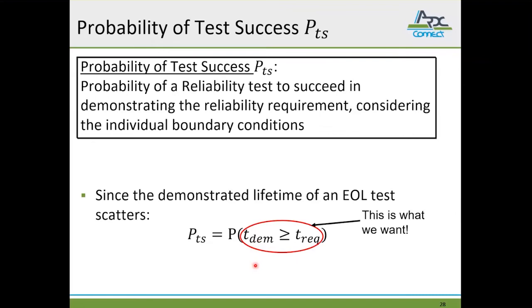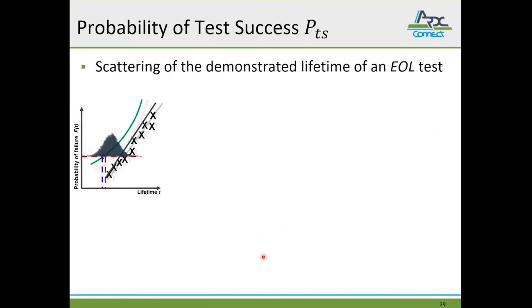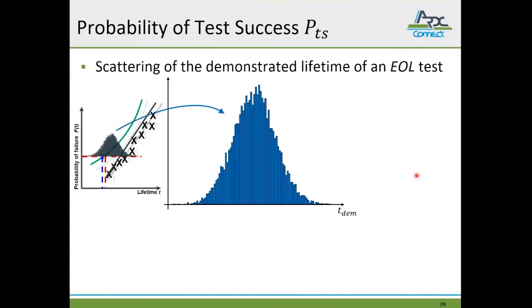So the probability of test success is actually the probability of what we want, a greater demonstrated lifetime than the lifetime requirement. Like we've seen, this scattering of the demonstrated lifetime of an end-of-life test, if we imagine doing multiple end-of-life tests, we could get a histogram like that of the demonstrated lifetimes.